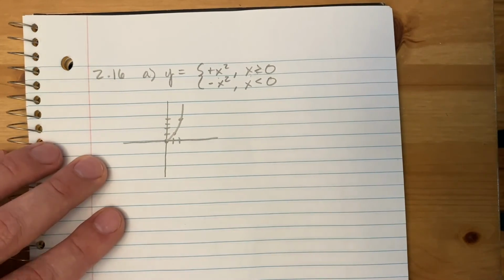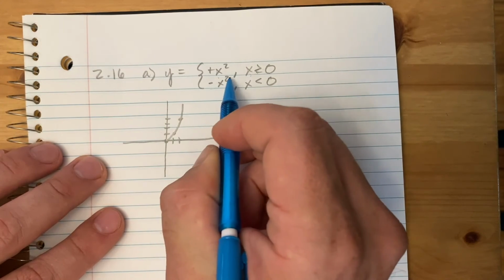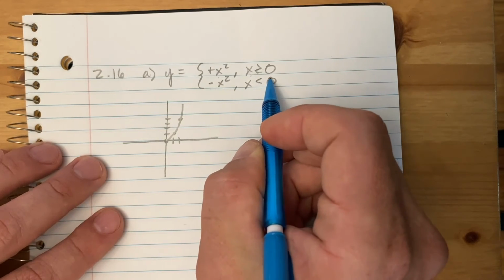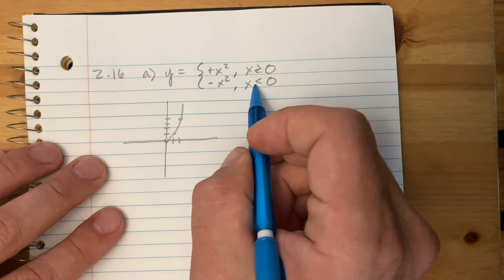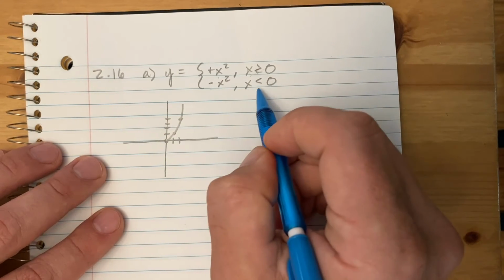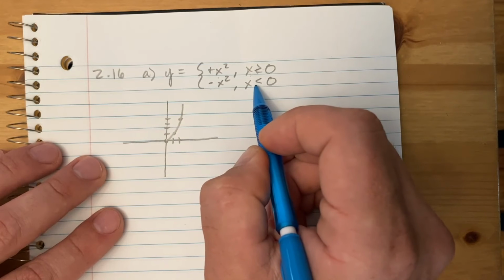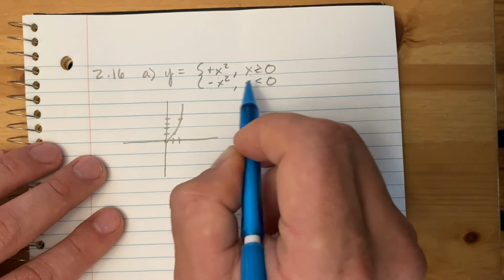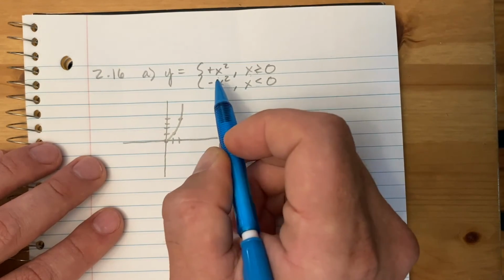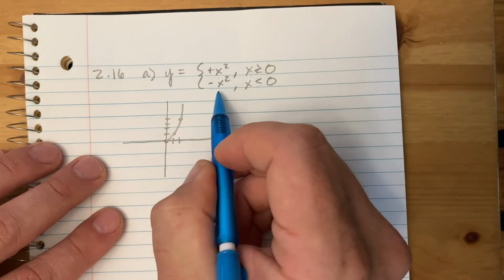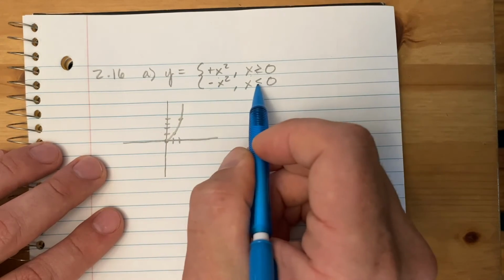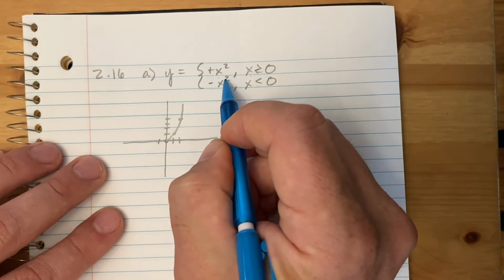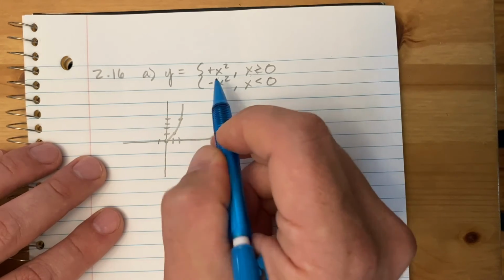All right. Now let's do the next one here, negative x squared for x less than 0. Now I know it doesn't say equals here, but let's just plug in 0 anyway. We get 0, right? But we don't have the equality here. So let's pick a value that's really, really close to 0, maybe negative 0.000001. Well, that's just going to be a negative number that's really close to 0. So this is actually going to end up being continuous. And let's pick another negative number. Let's pick negative 1. Negative 1 squared is 1, and negative x squared is going to be negative 1.